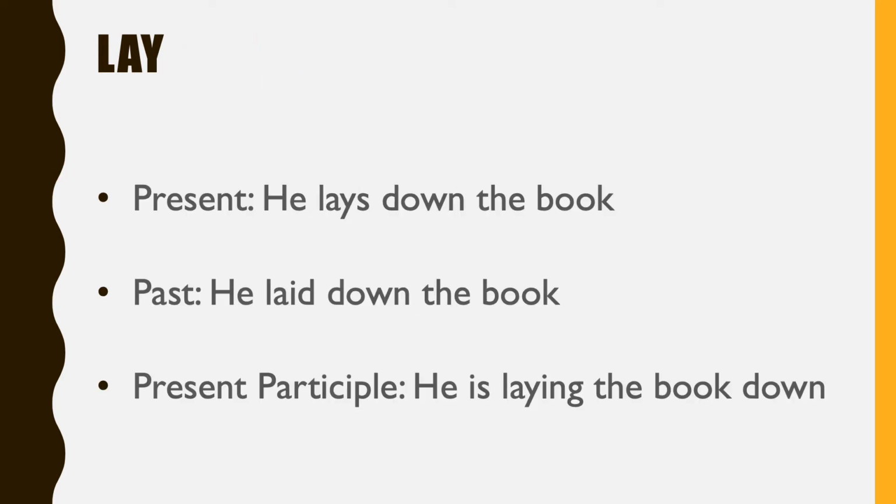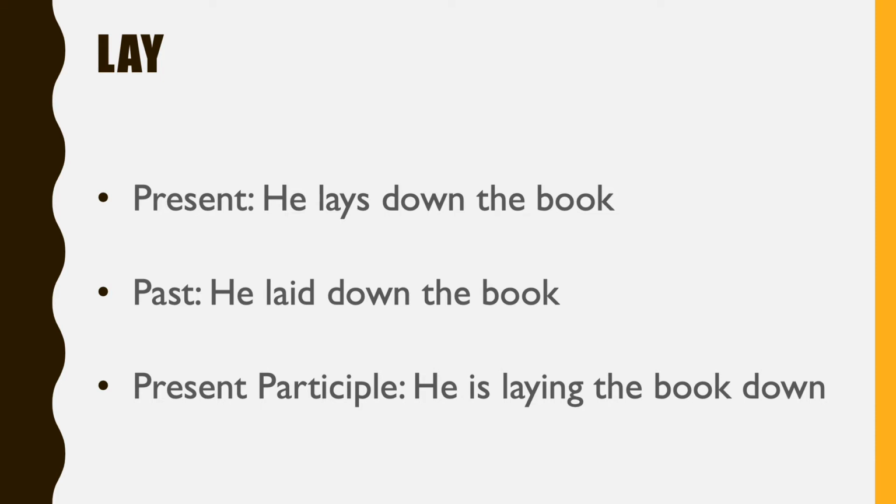Of course, there has to be some changes, and we'll talk about different irregular verbs throughout the semester. But the word lay can be used in present, of course, past and present participle. So he lays down the book is the present tense, versus he laid down the book, which is the past tense, which means it already happened.